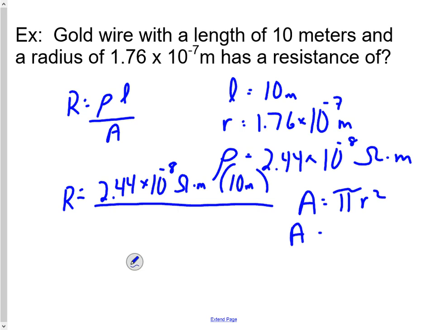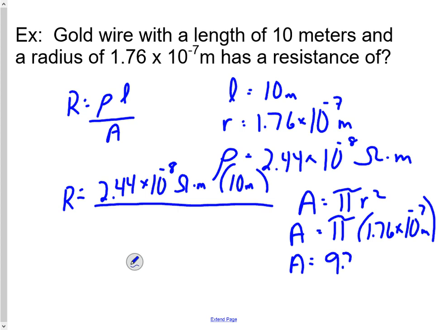So area is going to be pi times 1.76 times 10 to the negative 7th meters, squared. And that's what I'm going to plug in. So I calculated it, and I got area was 9.73 times 10 to the minus 14th meters squared.